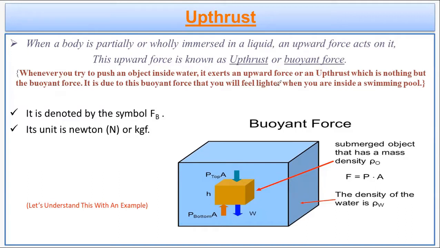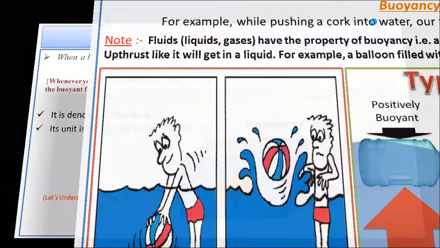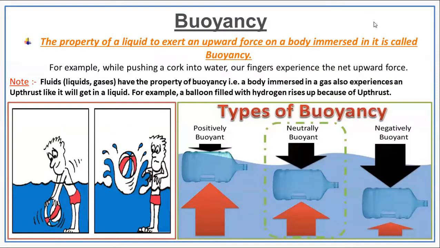When we understand the situation of flotation, we come across two basic things: the object partially sinks or completely sinks, or it is partially sinking and partially floating, which is a proper flotation. We discussed these under the condition of flotation in our previous classes.